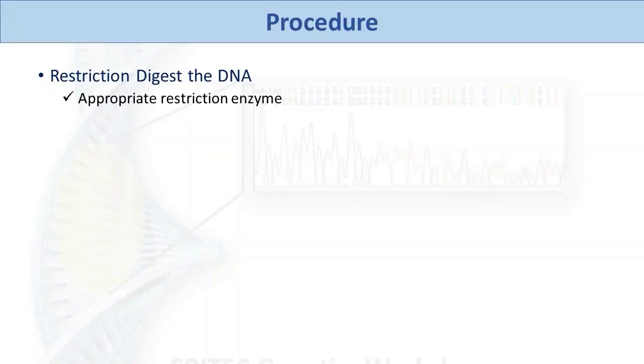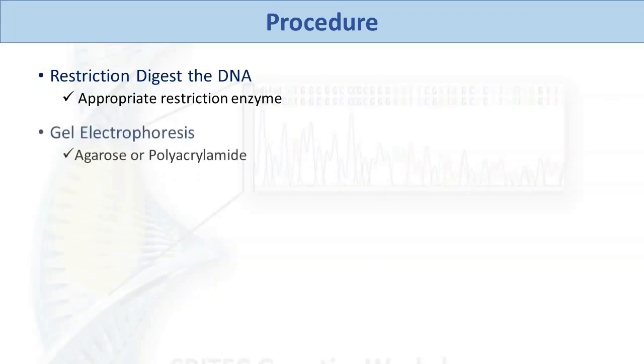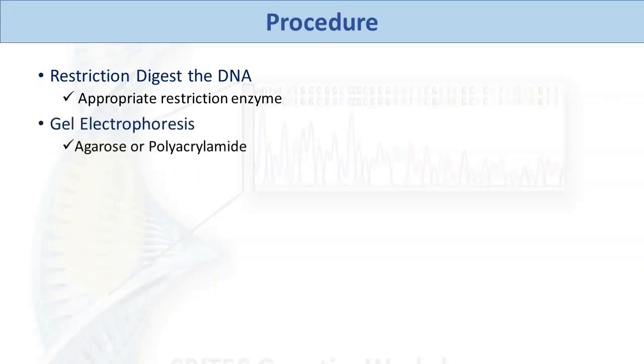Well, first of all, restriction digestion of the DNA is done by using appropriate restriction enzyme. And this can vary with the work we needed. And then we can do a gel electrophoresis in an agarose or polyacrylamide gel.